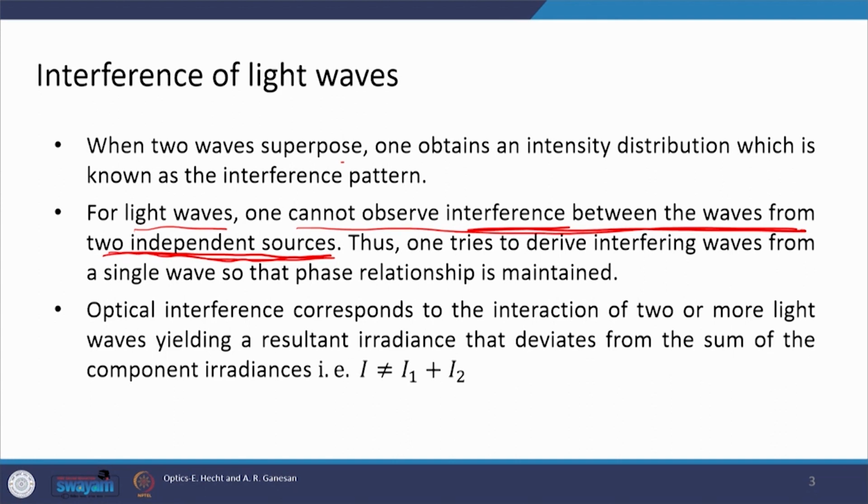But to observe sustained interference fringes, we require waves which are coherent and which have almost same frequencies and the amplitudes are almost equal. These are conditions which are given because we want to observe sustained interference fringes.